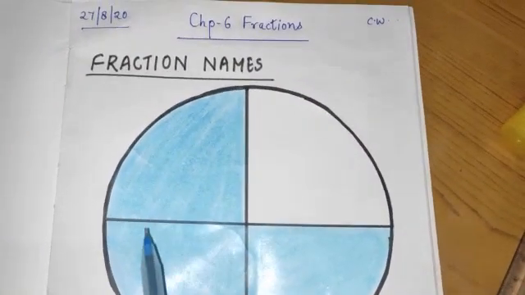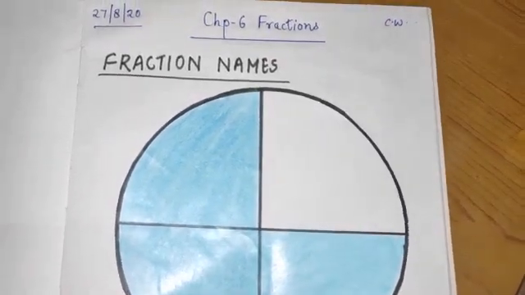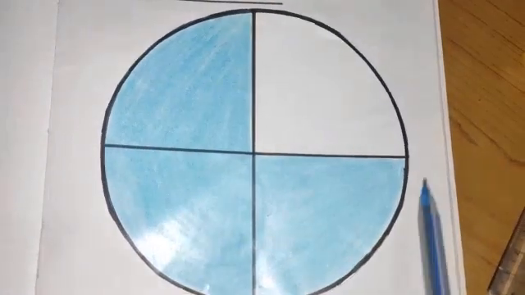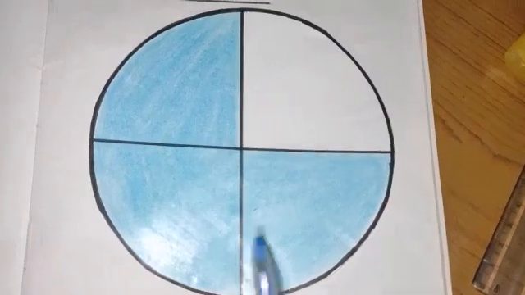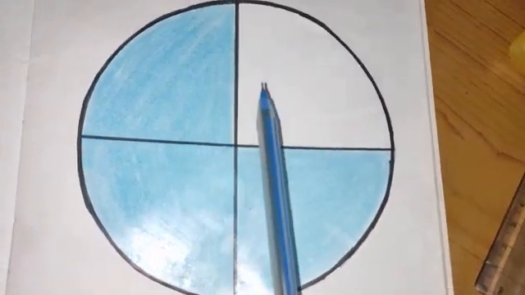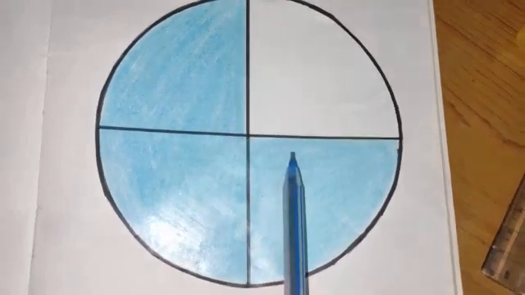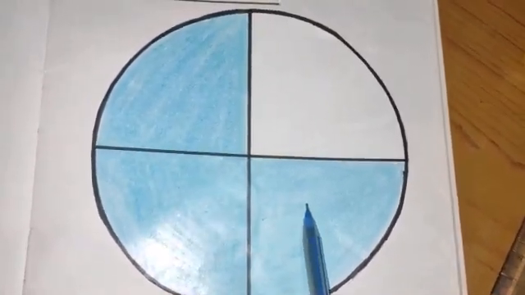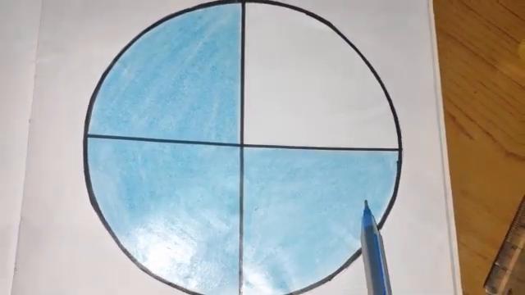Children, let us learn how to write the names of the given fraction. Okay, so for that, as you can see, I have drawn a circle, and this circle is divided into 4 equal parts, and out of the 4 parts I have colored 3 parts. So how many parts are there in total? 4.